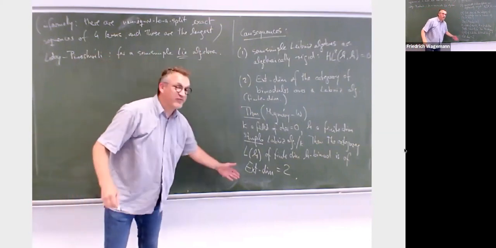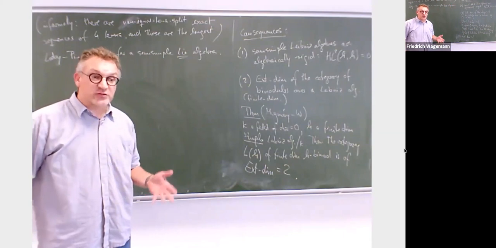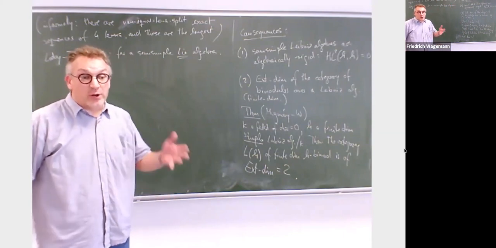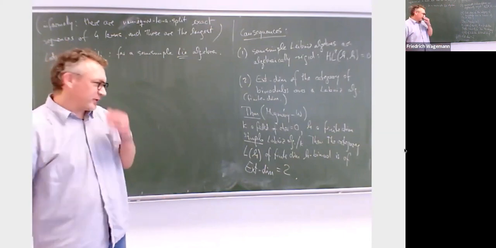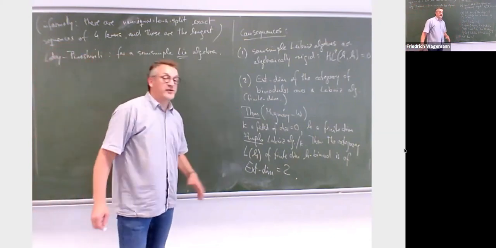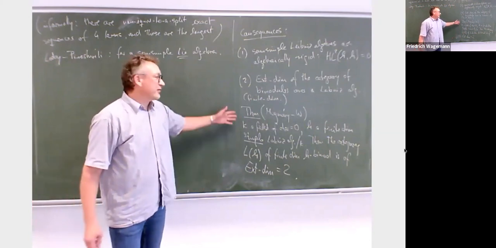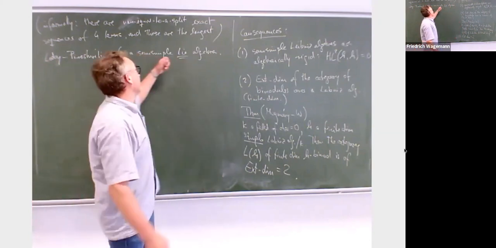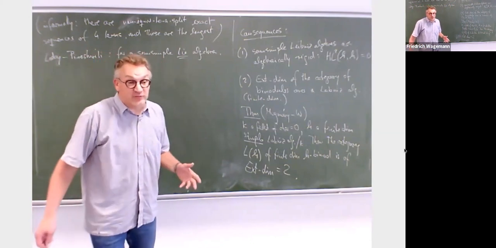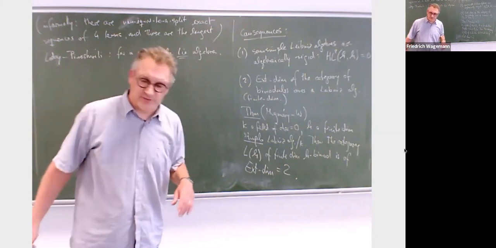Our theorem is the first X dimension computation for a non-Lie Leibniz algebra. But actually, the proof is not very complicated because it is just an adaptation of Loday-Pirashvili's proof. So all the credit is to them in some sense.